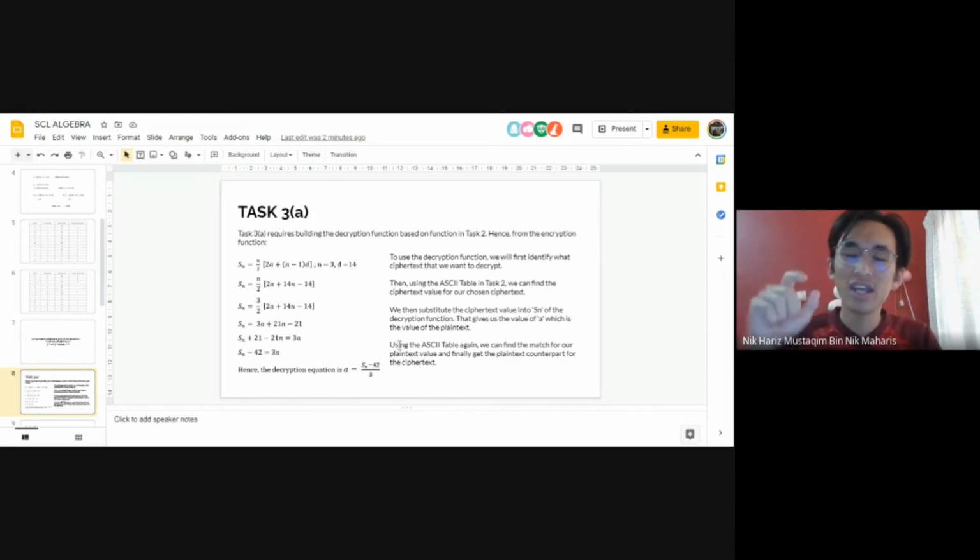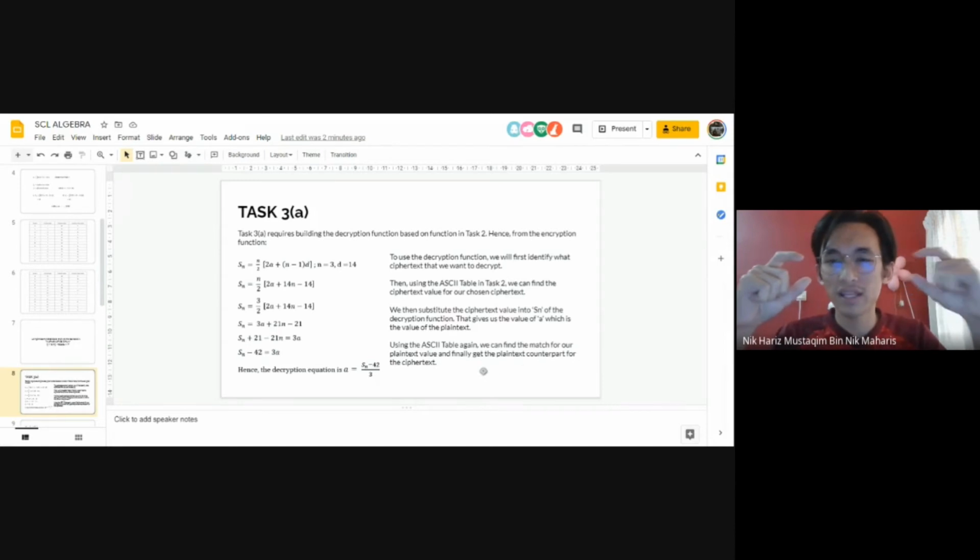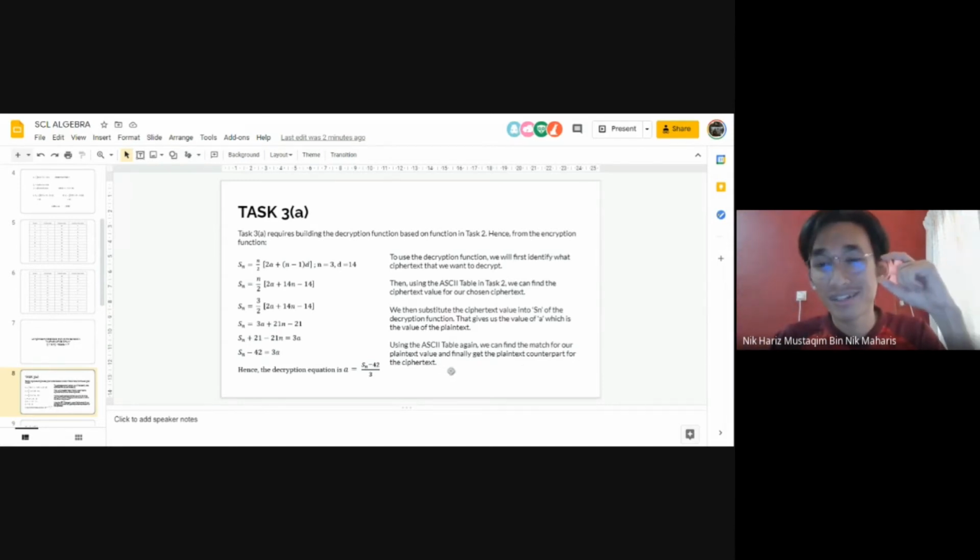After that, we just need to find the alphabet that corresponds to that plain text value, and that is the letter we want to decrypt. So as you can see, a equals (Sn minus 42) over 3 is the decryption function of this task.